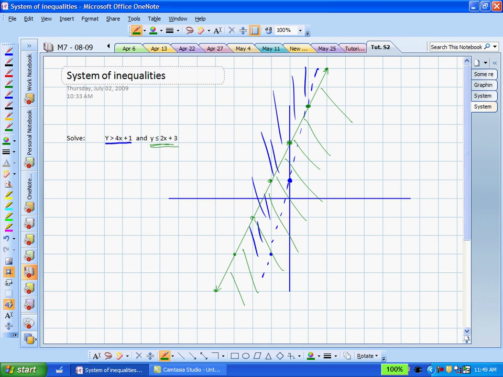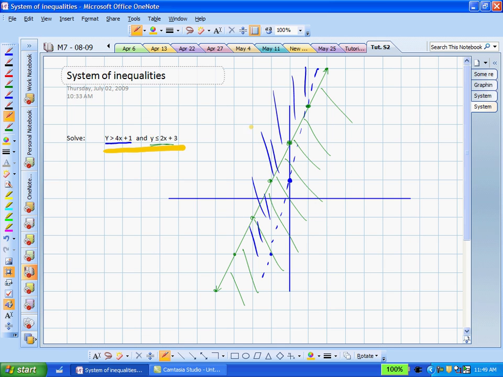Okay? Now the problem is that's a big mess, and it doesn't tell us what we're really interested in, which ultimately is the point of intersection. Well, we're looking for the set of points which solve the system. Solving the system means we want to make this condition true and we want to make this condition true.